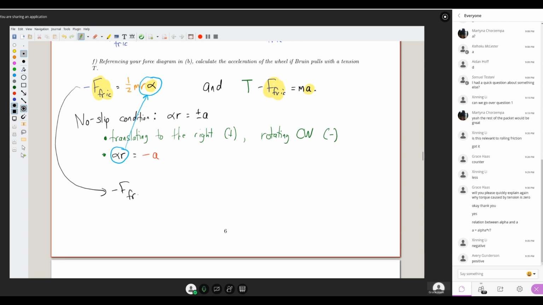minus f fric equals 1/2 minus 1/2 ma, right? So the force of friction is just 1/2 ma.